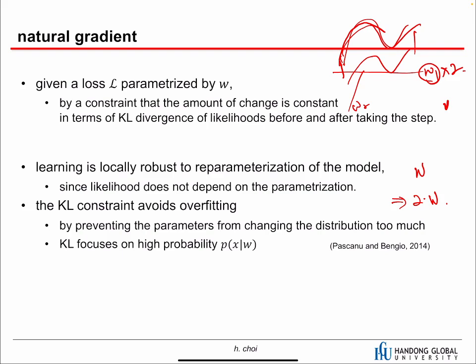But in the likelihood, let's say W is W1 and W2 in two-dimensional space, if we reparameterize this one into W1 times 2 and W2, still the likelihood is the same. So that's good. And another one is that the KL constraint avoids overfitting. So when do we have overfitting?